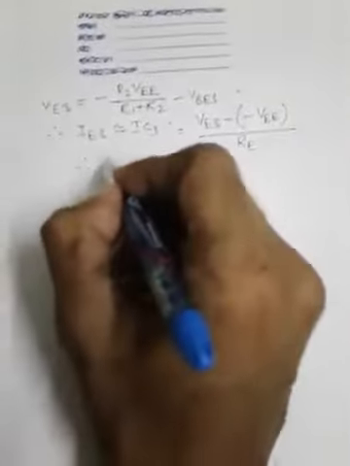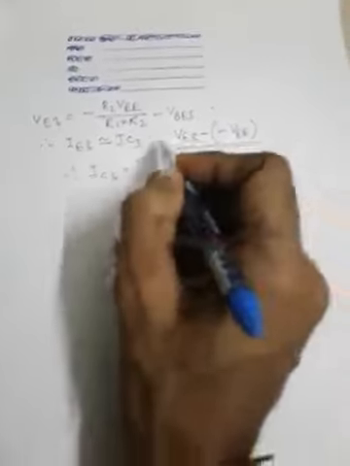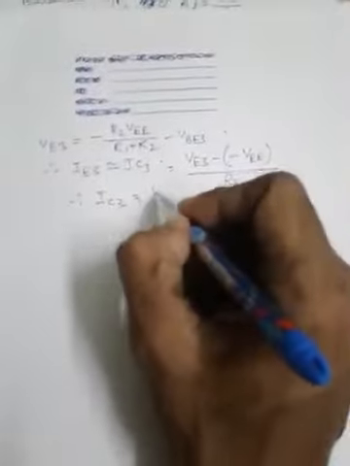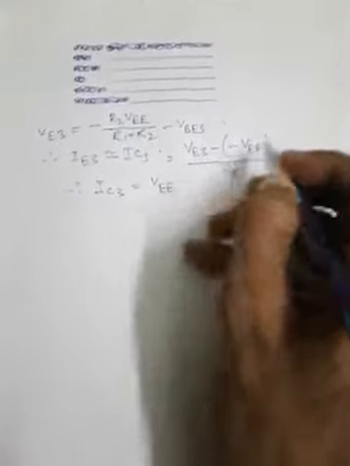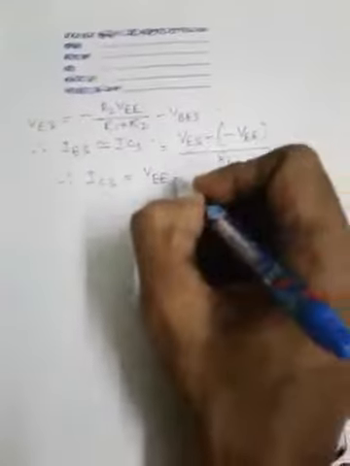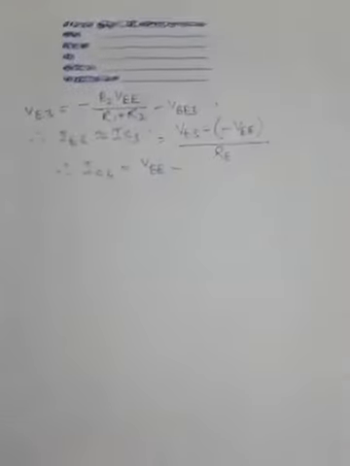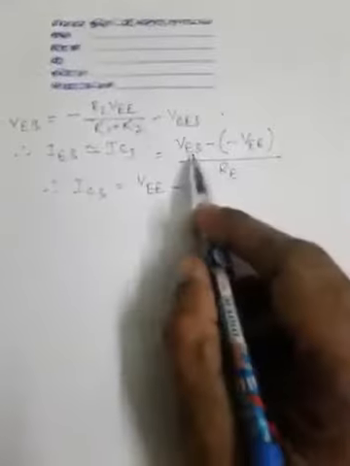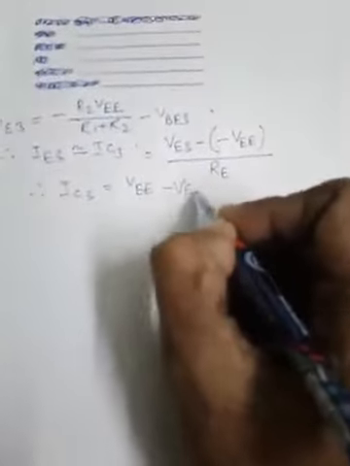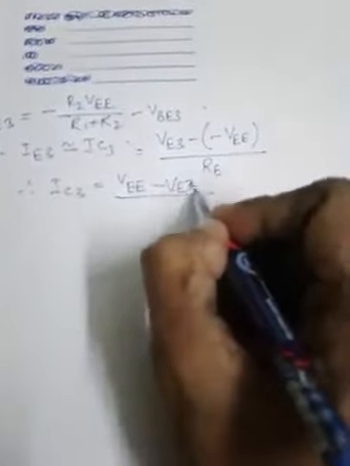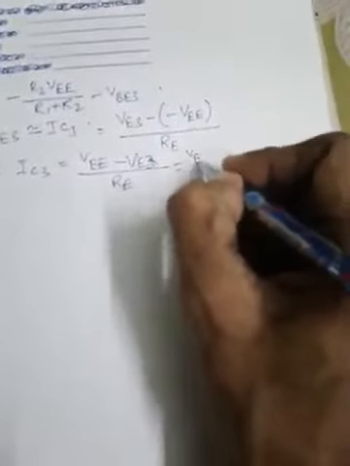So therefore IC3 is given by this expression VEE, which is positive, minus we have found VE3 divided by RE. Now if we substitute in this place VEE minus VE3 we have found here as this expression.